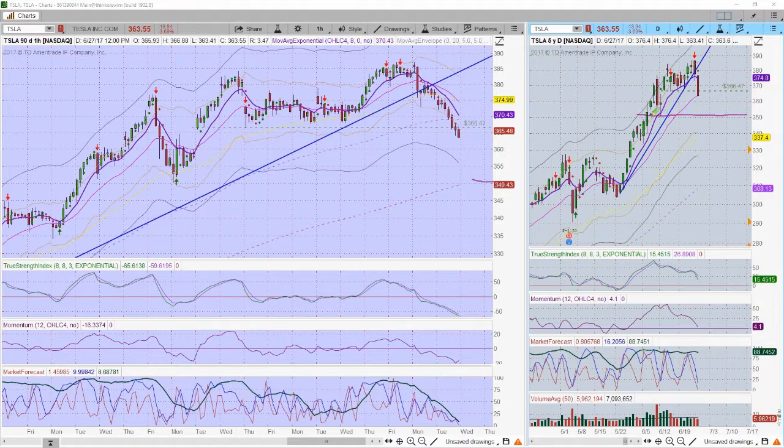So we know we've got pretty strong support in here. If I drop through the 20-day moving average, which it is really close to doing, then it may test the 360, but the stronger support is down there at about the 350 level. So off the TSI intraday, there's nothing really to do with Tesla at this point.